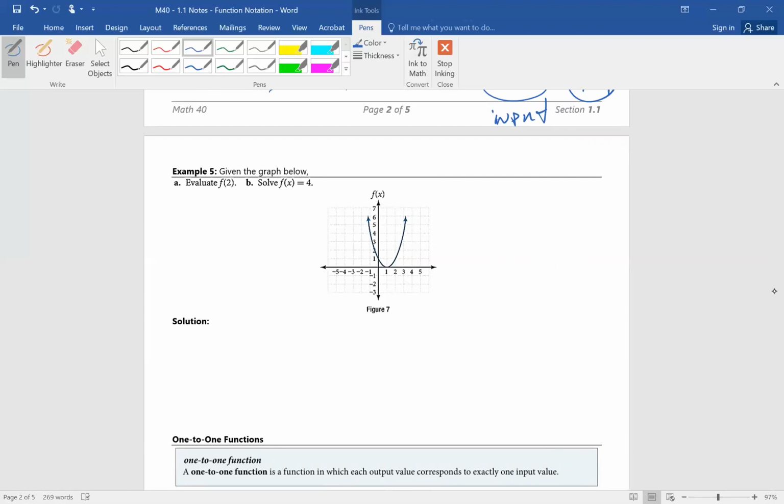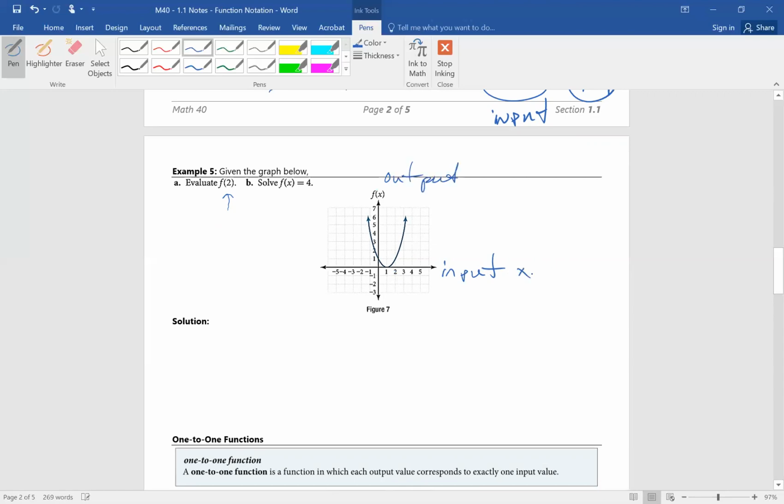And over here, if your input is 2, notice it's inside the parentheses. If you're being given the input, hopefully in your mind you're saying, what's the output? So if you come over to the graph when x is 2, and this is usually always the input, the independent axis, and this is always the output.